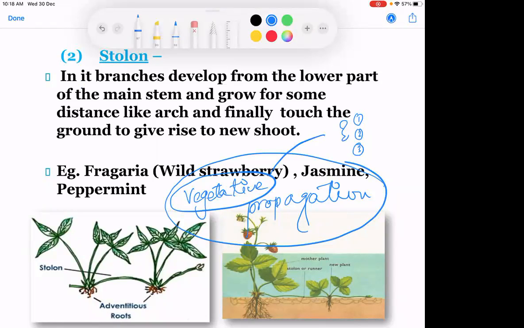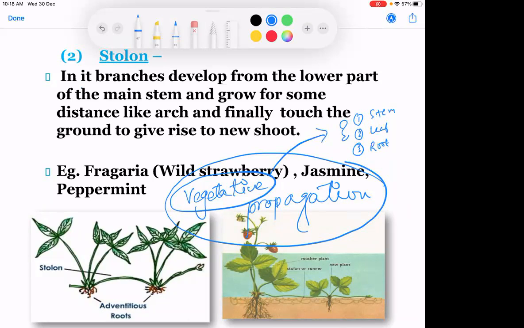So mainly number one, stem. Number two, leaf. Number three, roots. They are considered to be vegetative parts of the plant. I hope I am very clear about this. Yes or no? Yes, sir.